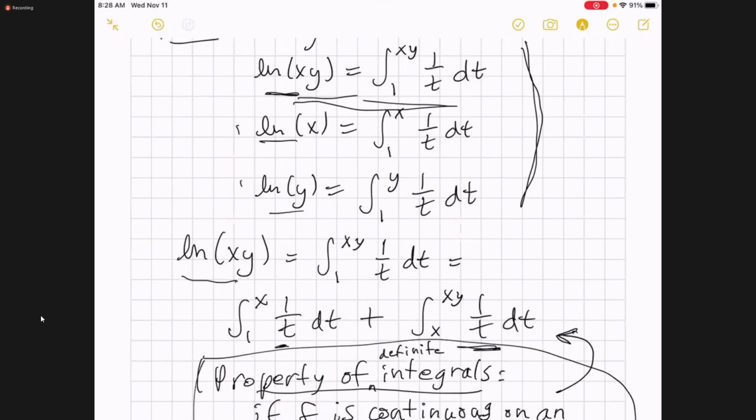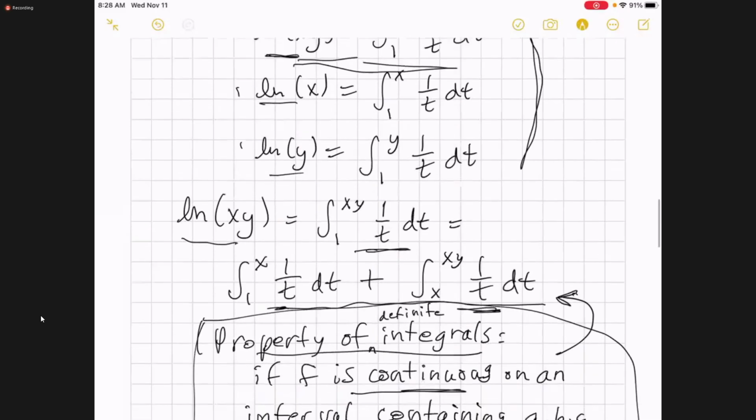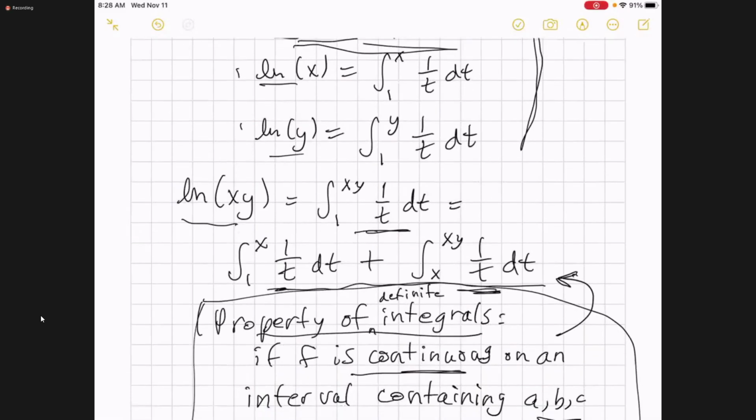Well, for ln of xy, I can break this integral up into the sum of these two integrals. And I'm allowed to do that because of one of the properties of definite integrals.